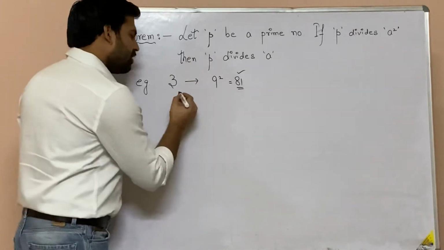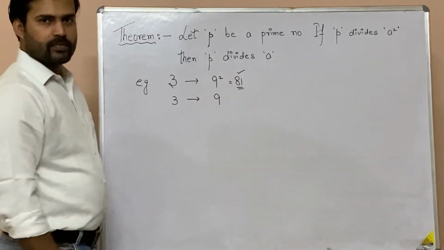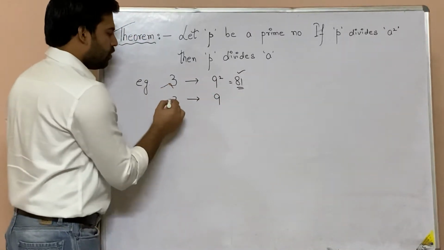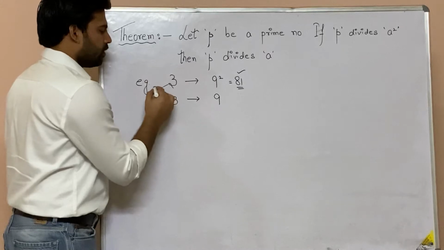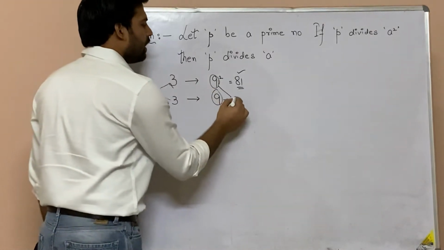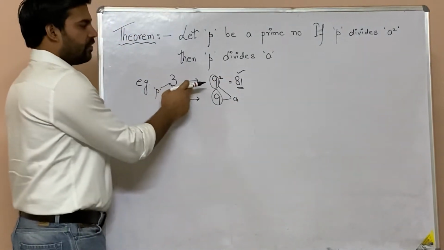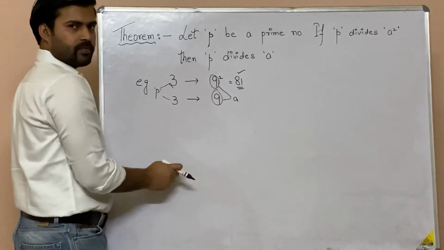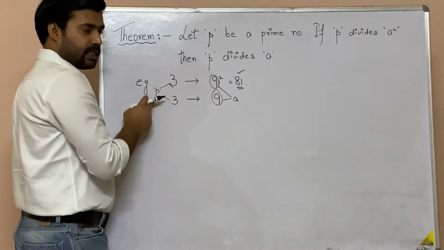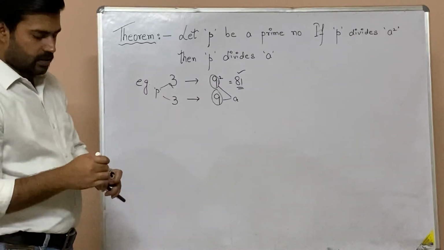So isn't it true that 3 also divides 9? Consider this 3 to be P and consider this 9 to be A. So 3, that is P, divides A square. So 3, that is once again P, will divide A. This is what the theorem states.